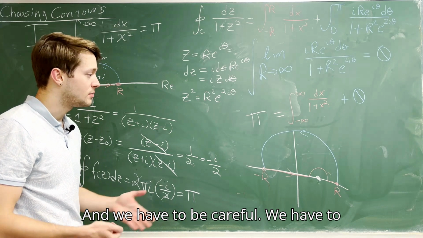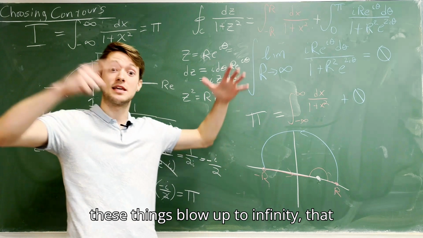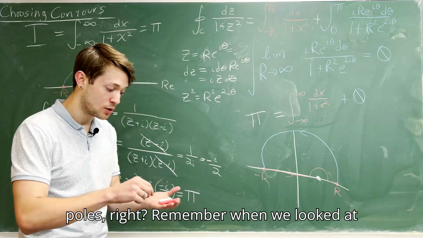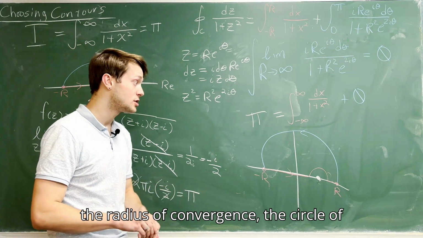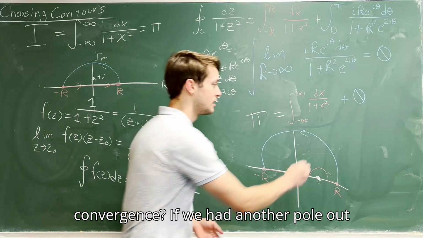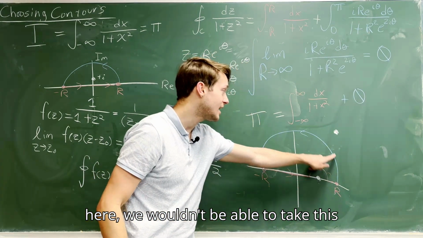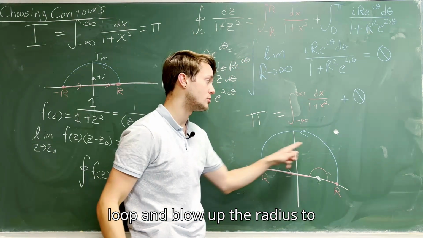And we have to be careful. We have to make sure if we are taking limits as these things blow up to infinity, that we're not going to run into any other poles, right? Remember when we looked at the radius of convergence, the circle of convergence? If we had another pole out here, we wouldn't be able to take this loop and blow up the radius to infinity.